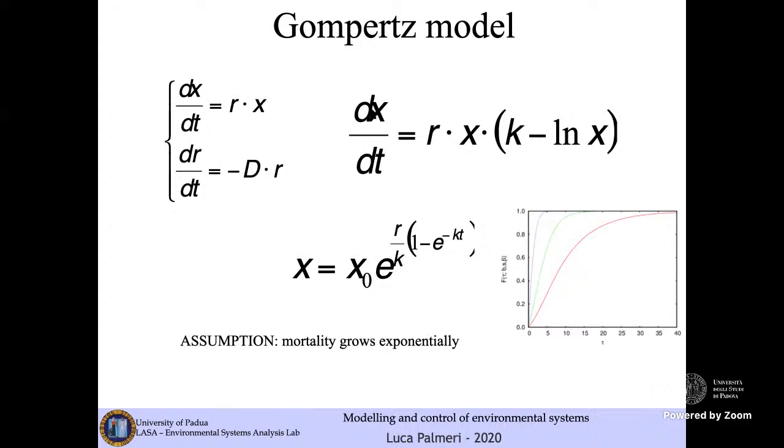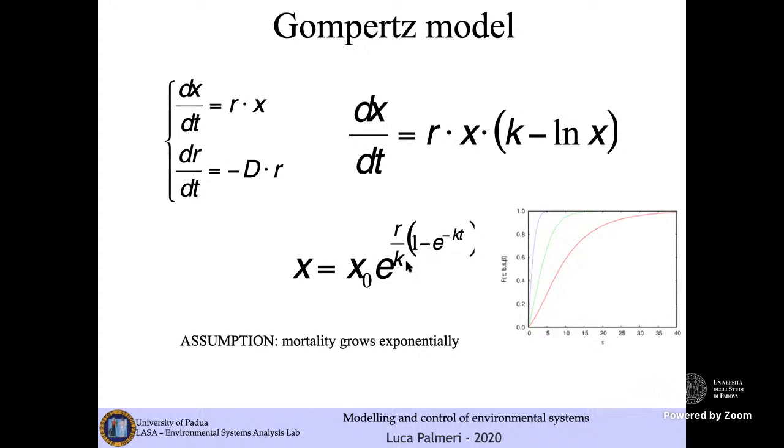The solution of this model, again, is an analytical solution. The derivative in time of a dimension is equal to growth rate R times the dimension times a non-linear function depending on the dimension that describes growth limitation. The solution of this differential equation that comes out from the combination of these two equations is expressed here.